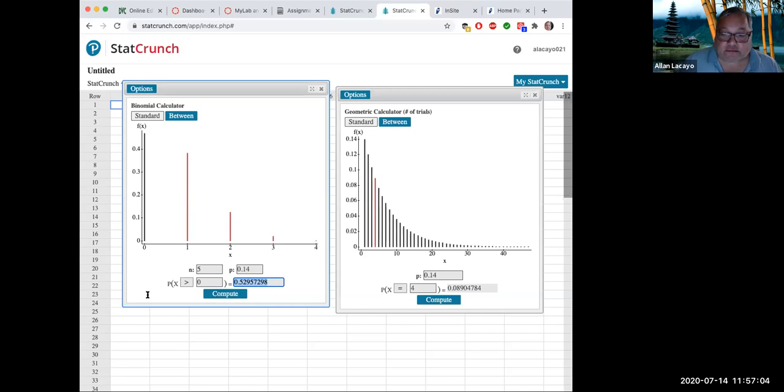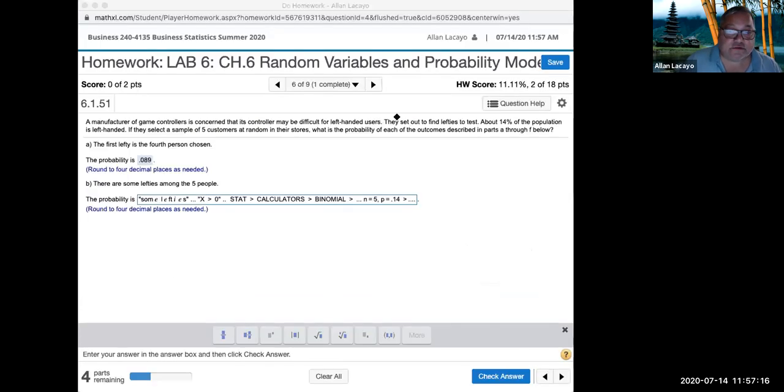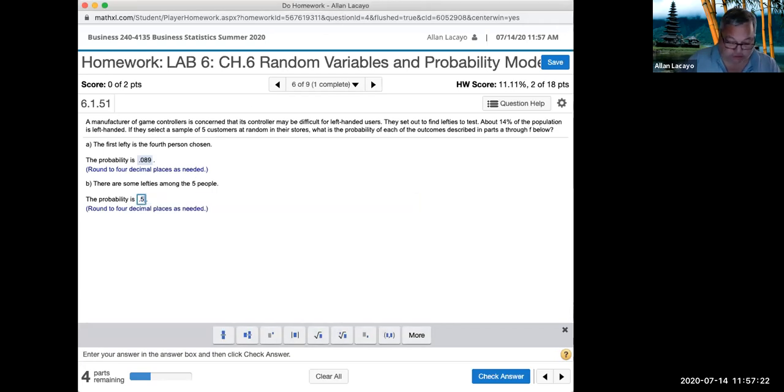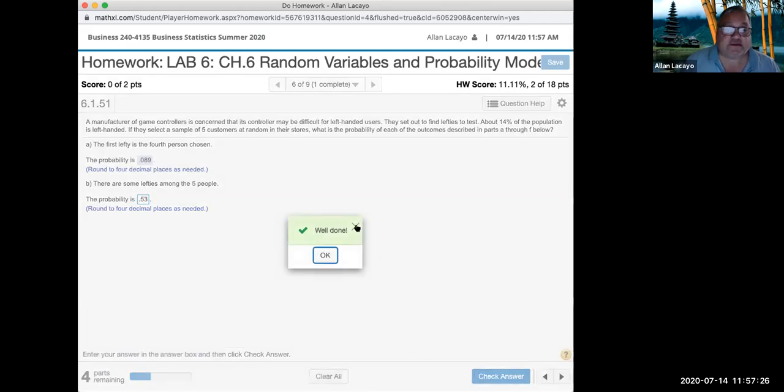And the answer is 0.53. This is what that rounds to, 0.53. So I'm going to go here to the lab, the assignment, and change this to 0.53. Check my answer. Well done.